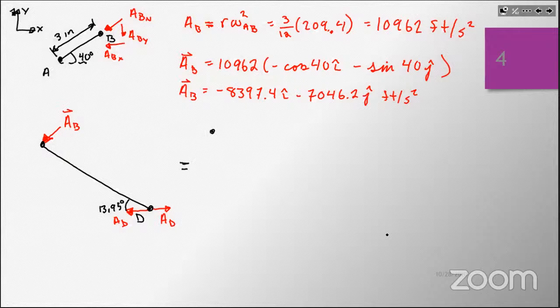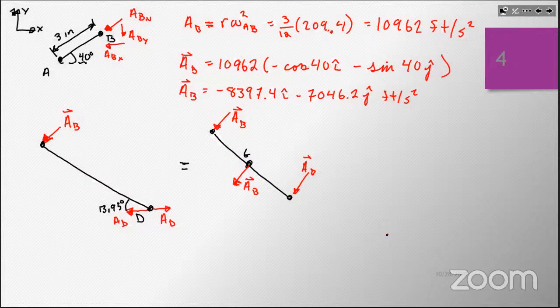Well, we can treat link BD as every point being accelerated by this vector, right? If this is my center of gravity, every point on this rigid body is being translated by this acceleration.